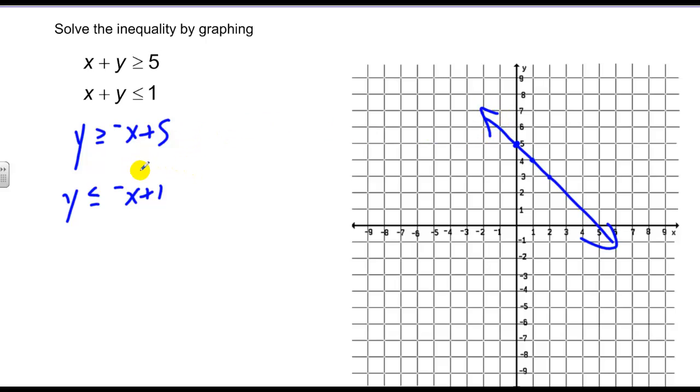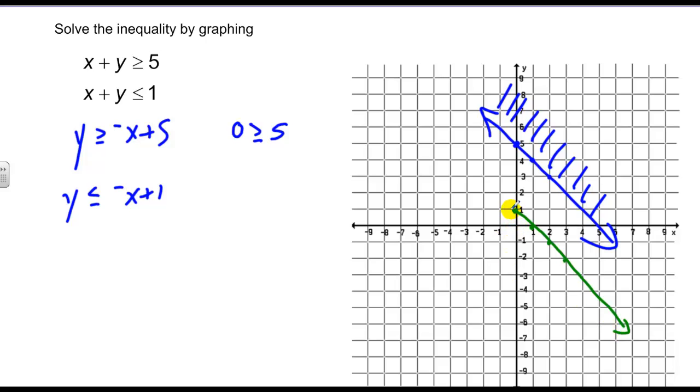Pick the sample point of 0, 0. Is 0 greater than or equal to 5? The answer is no. So I shade away from 0, 0. And then go up to 1, down 1 over 1. Like so.